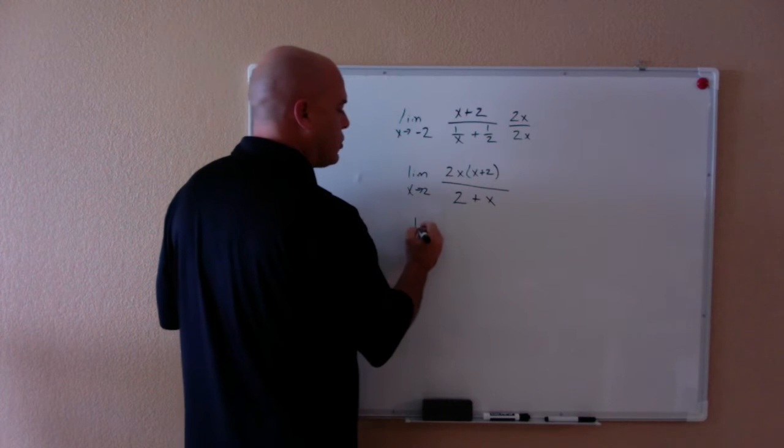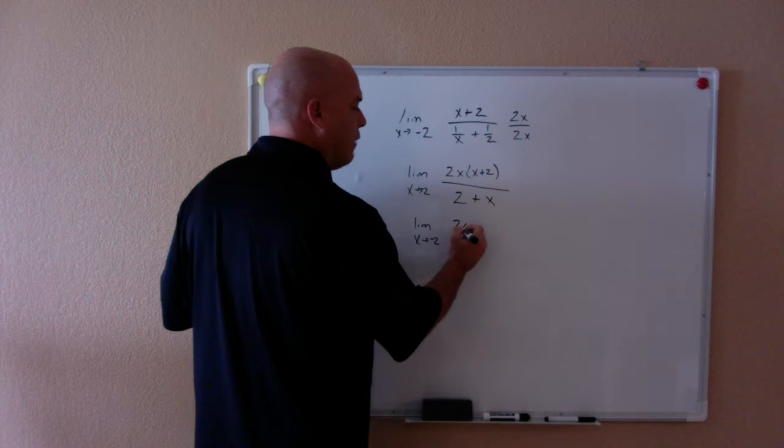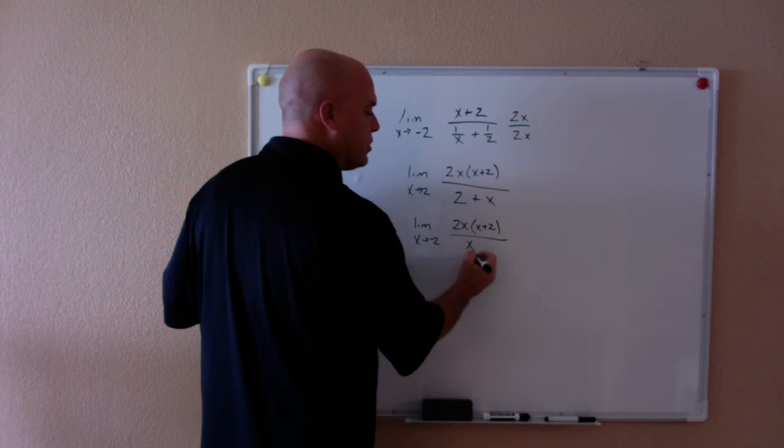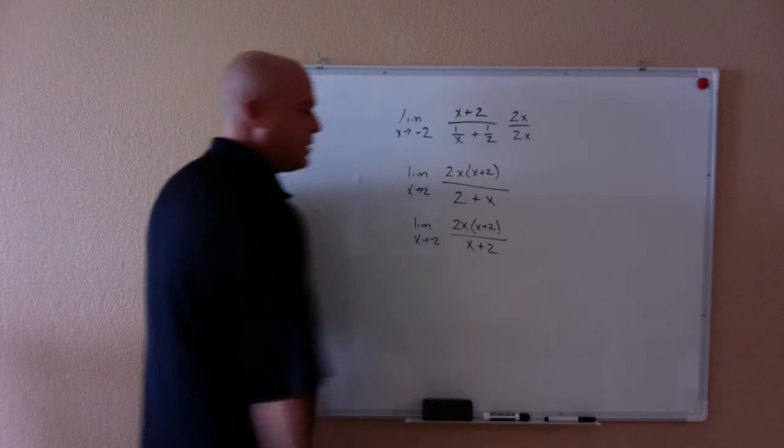I'm going to go ahead and reverse the order of those, and I'm going to take the limit as x approaches -2 of 2x times x plus 2 over, since addition is commutative, x plus 2.